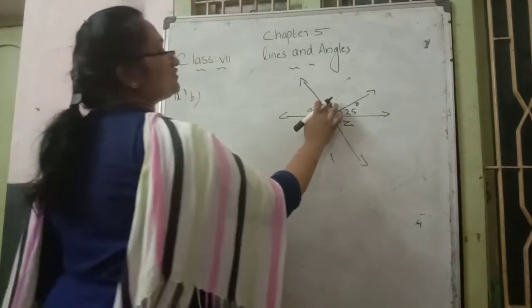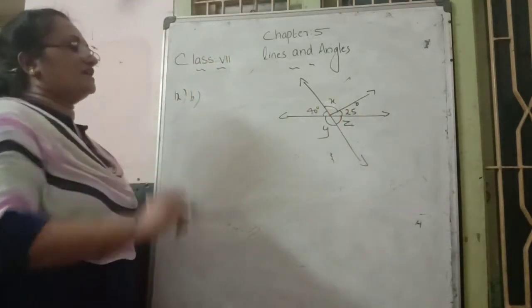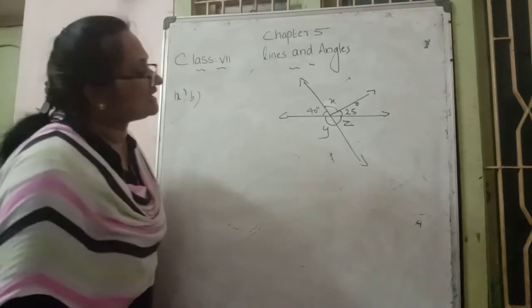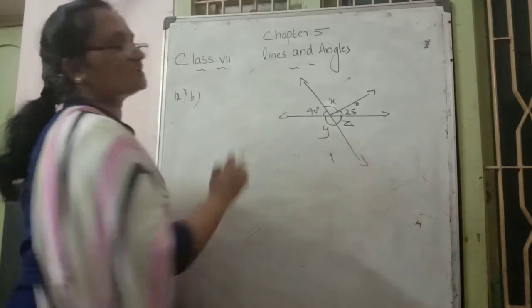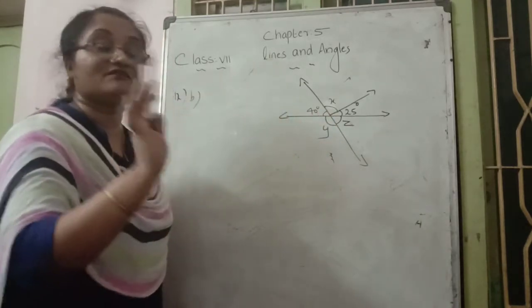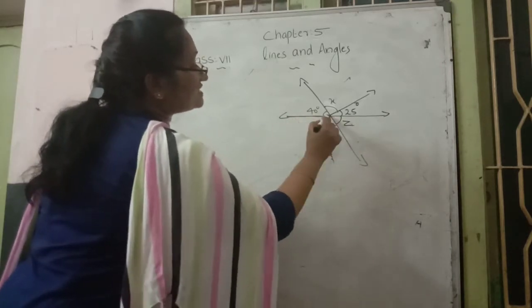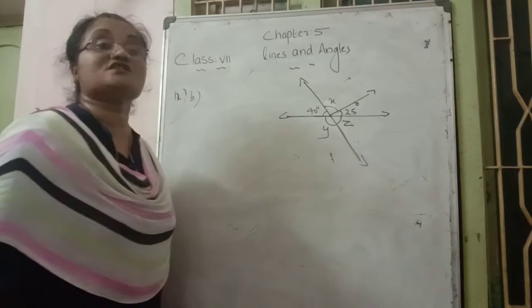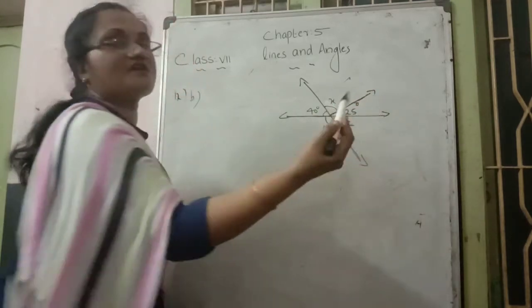Our aim is to find out which values? X value, y value, z value. How can we say? Look at the diagram. What information can we say? Z and 40 are vertically opposite, but 25 and y are not. What is the reason? How much width does angle y have? See, this width is more than 90 degrees. Here this part represents 20 less than 90 degrees.